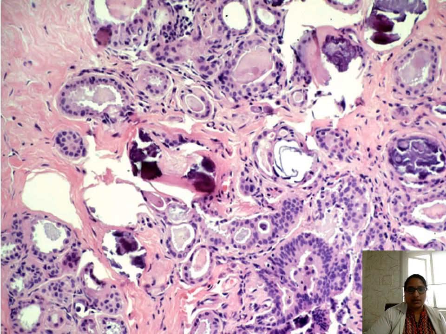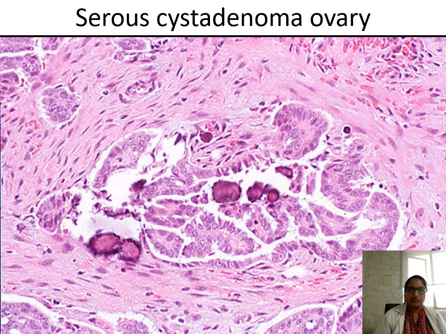It will be seen with a bluish granular appearance. Here in this picture, we can see some areas showing bluish or basophilic granular material. This is nothing but calcification, that is pathological calcification. This is a serous cystadenoma of the ovary.